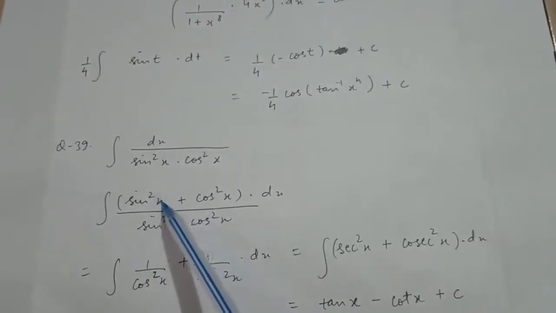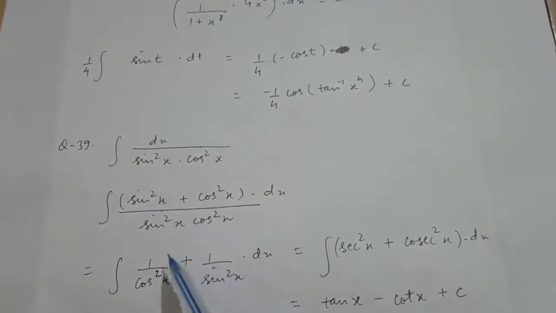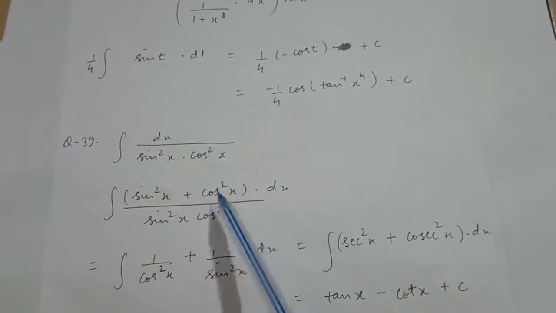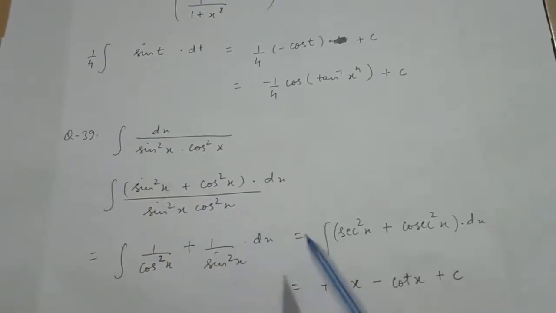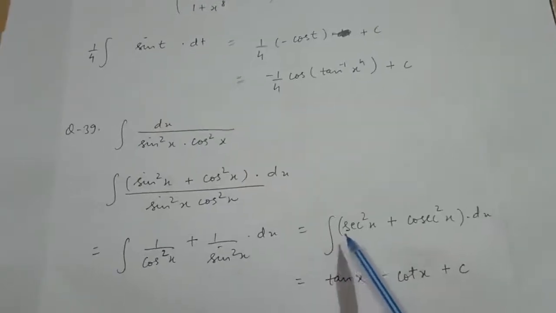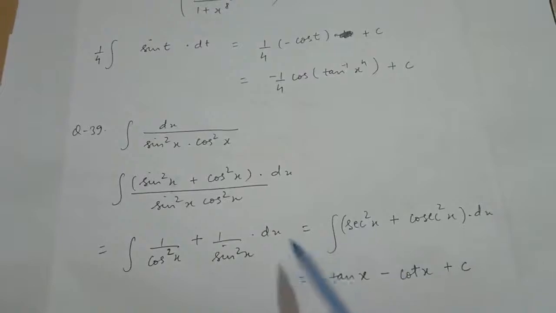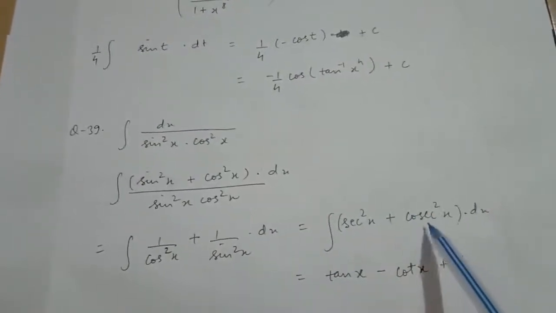Now sin^2 x upon sin^2 x cos^2 x will be 1 upon cos^2 x, plus when you divide cos^2 x with this, you will get 1 upon sin^2 x. Now this is equal to the integral of sec^2 x plus the integral of cosec^2 x, because 1 by sin^2 x is cosec^2 x.